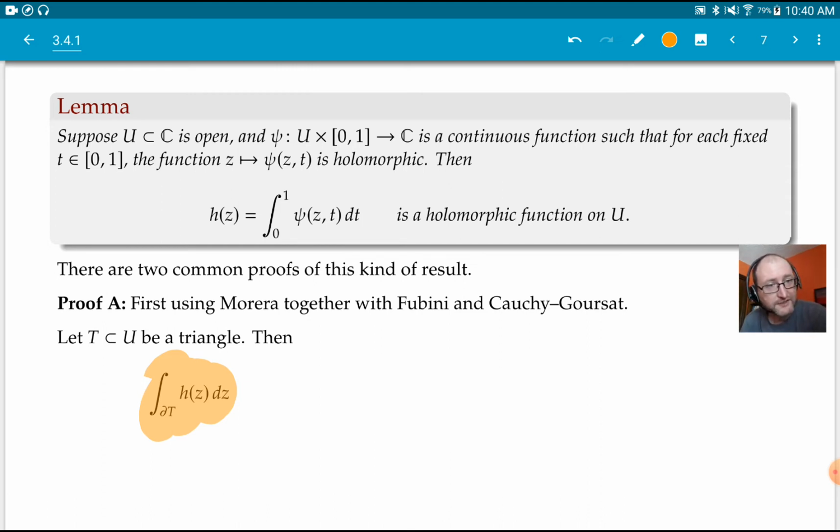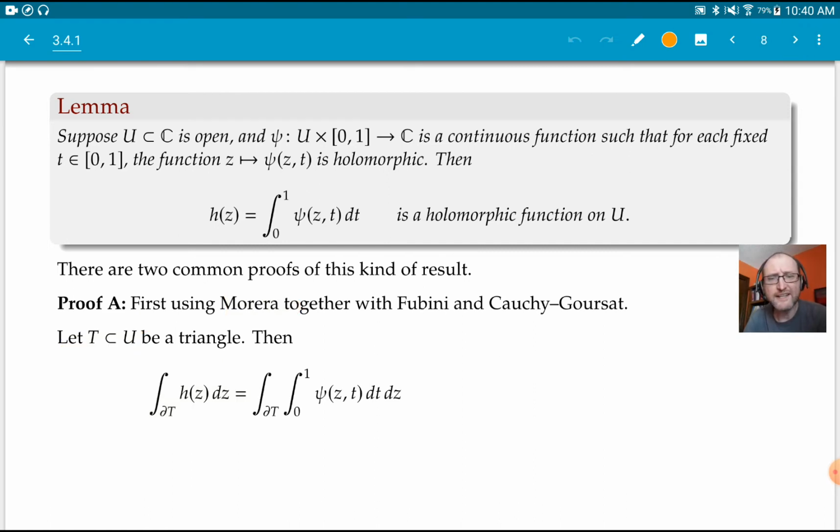We're trying to show that this is 0, because then we can apply Morera. If this holds for every such triangle, Morera says that H is holomorphic. So we're trying to show that this has to be 0, no matter what the triangle is, as long as it's a triangle in U.